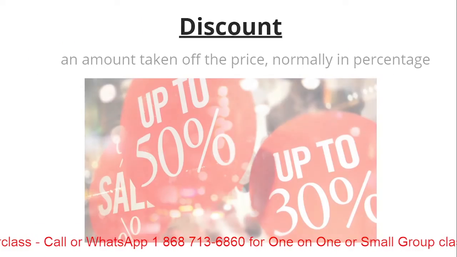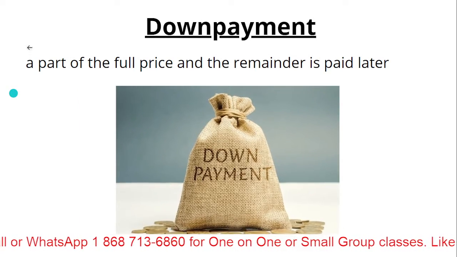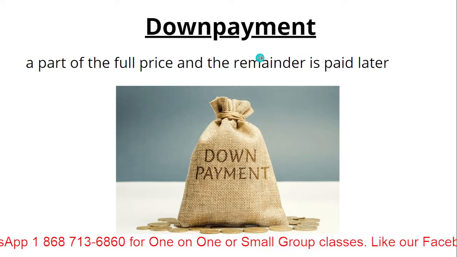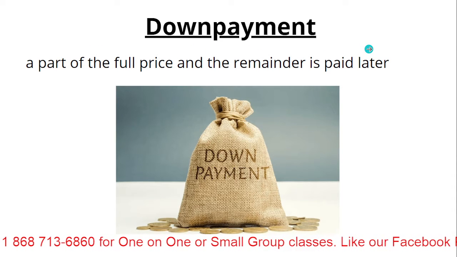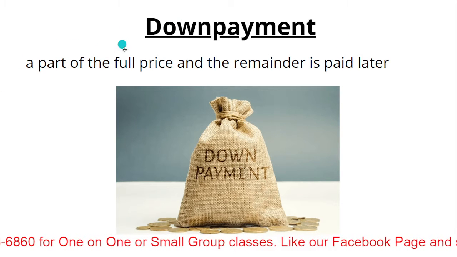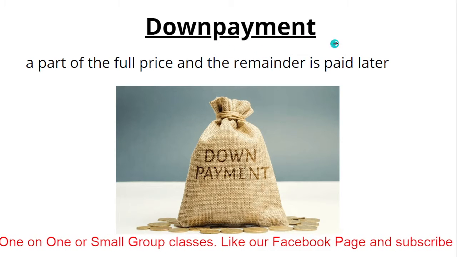Well, we looked at price, we looked at discount. Let's look at down payment. Down payment would be a part of the full price and the remainder is paid later.